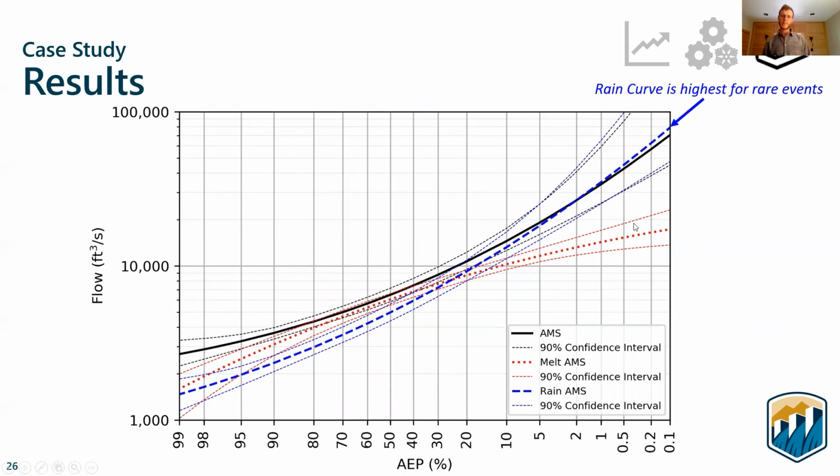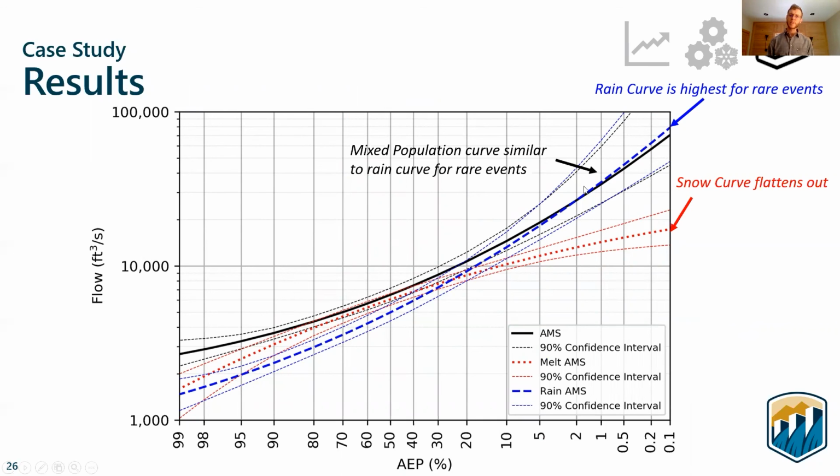And so at the top, we've got our rain curve, which is much higher than the other curves for rare events. And then we have our snow curve, which really flattens out as you get to more rare annual exceedance probabilities. And then this black line is that original curve I showed earlier that is just taking the annual maximum series as is, without trying to separate out by mechanism.